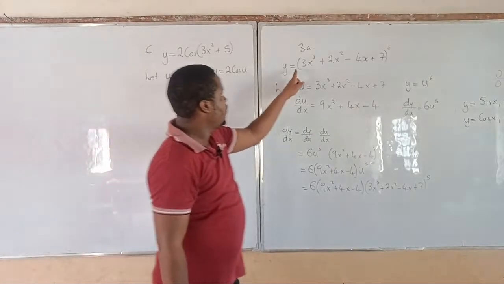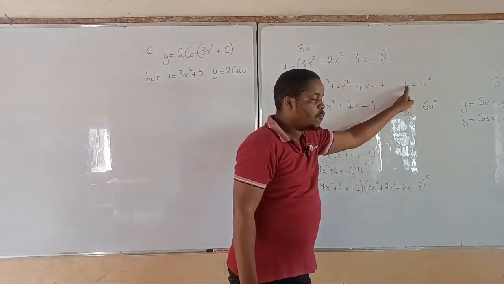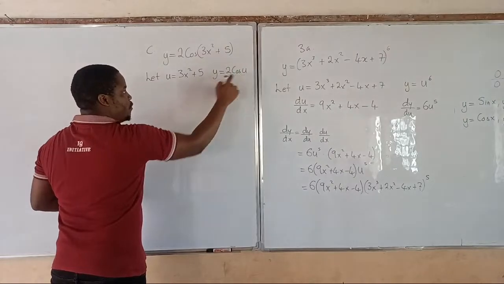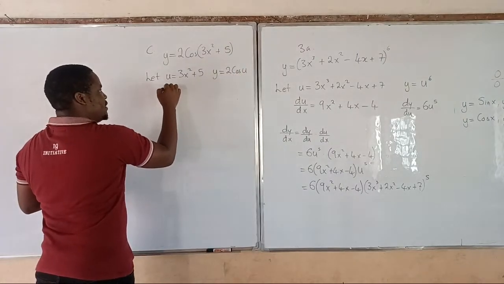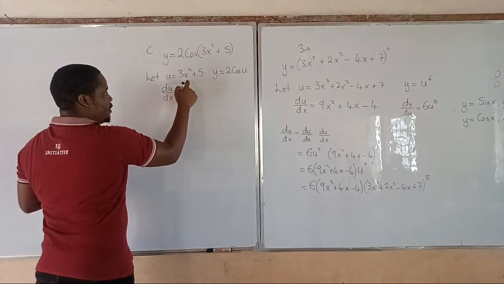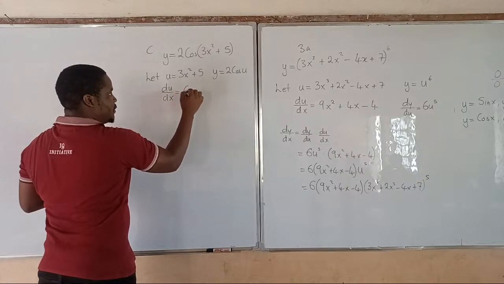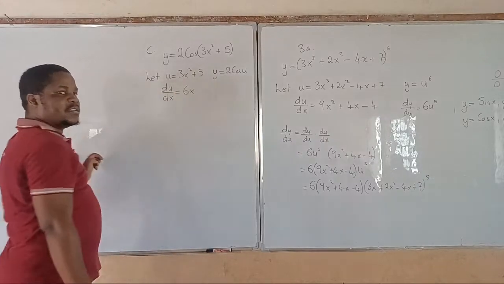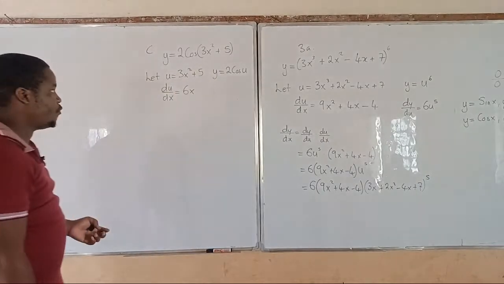Same thing. Put u there. This whole thing has just been replaced with u. So what is du/dx? 6x. Remember, we subtract 1 there, so it's just power 1. 5 is a constant. Derivative of a constant, 0.